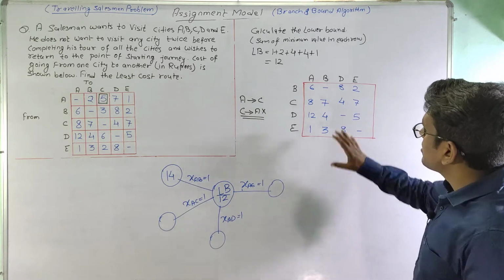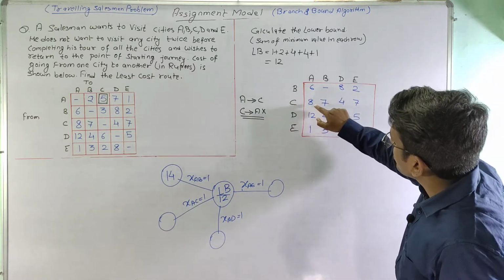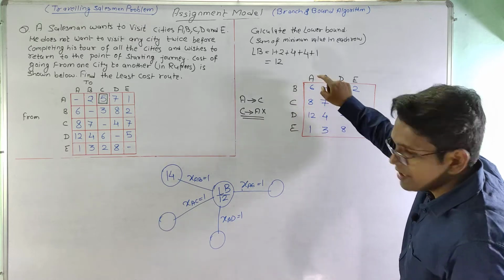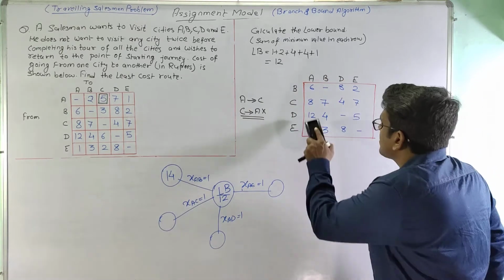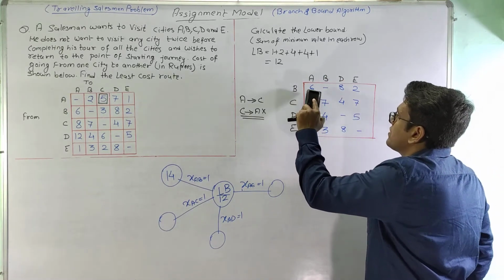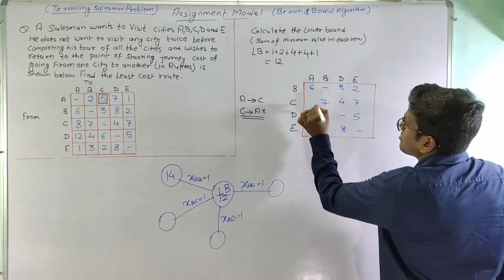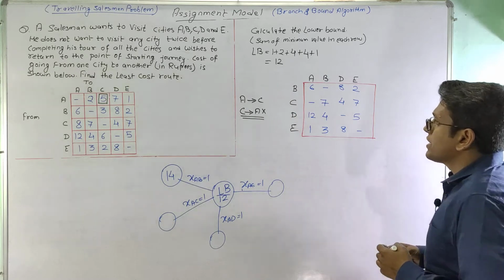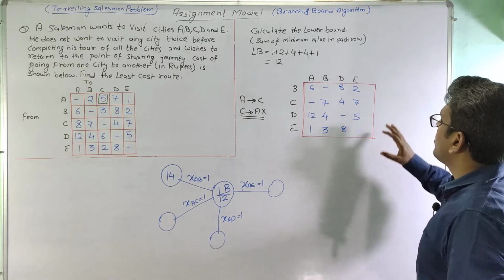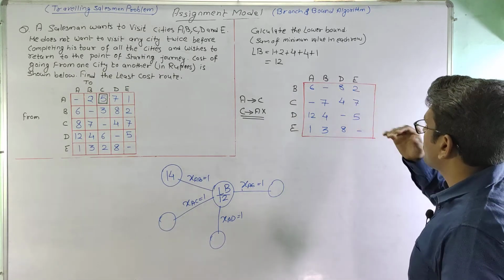So in this matrix also we can see that there is a cost coefficient from C to A. So we will erase this, and instead of this we will put a dash sign here. Now again we will calculate the lower bound for this particular 4 cross 4 matrix.